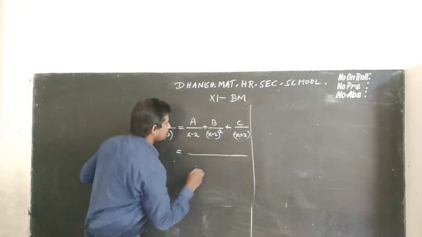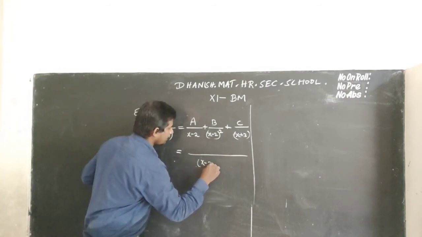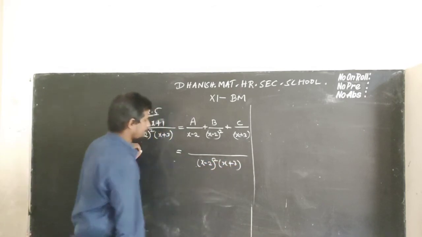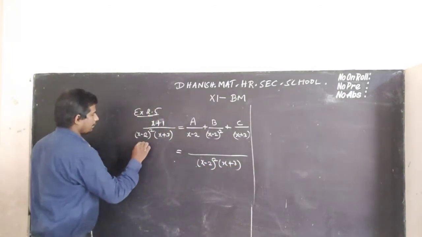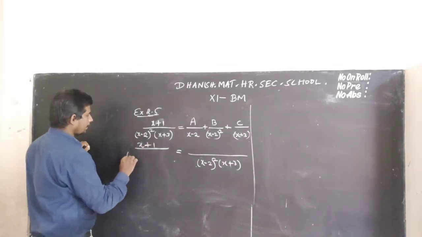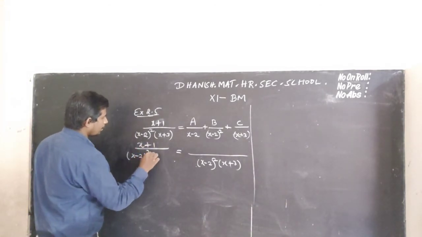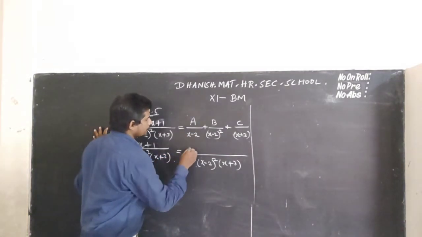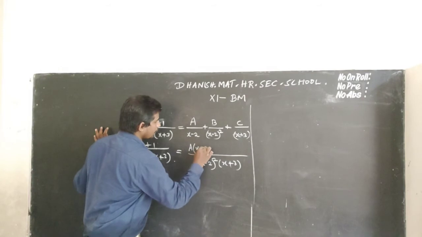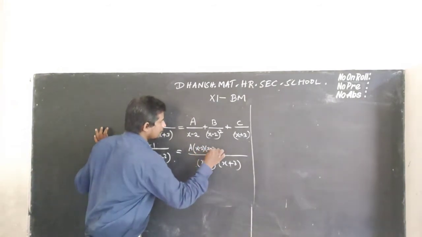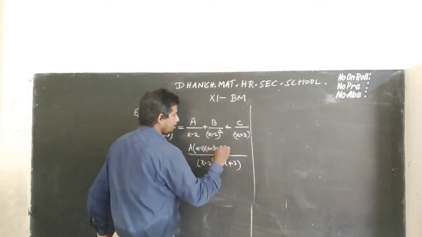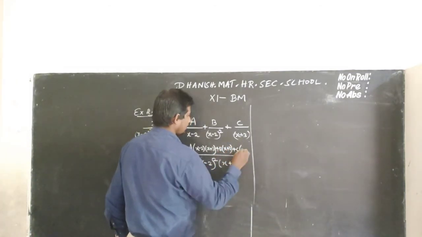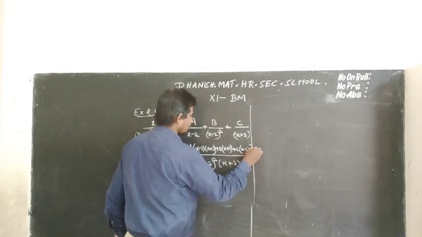I am going to take the LCM as x minus 2 whole square into x plus 3. Here our LHS is x plus 1 divided by x minus 2 whole square into x plus 3. Here a into x minus 2 into x plus 3 plus b into x plus 3 plus c into x minus 2 whole square.